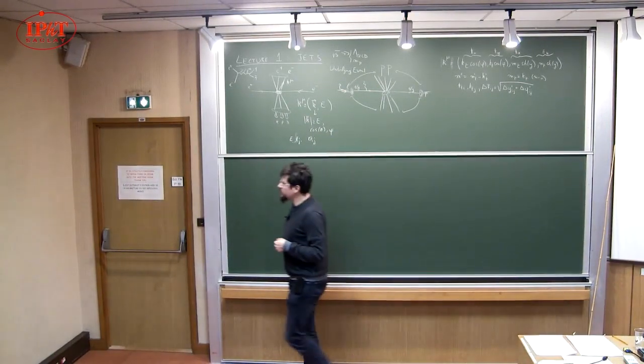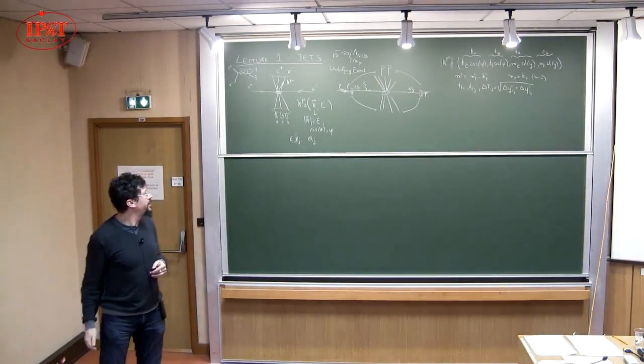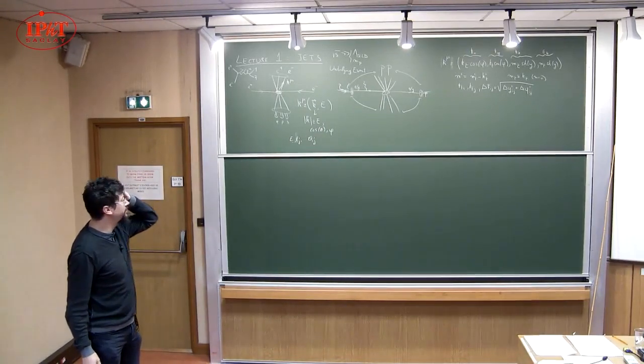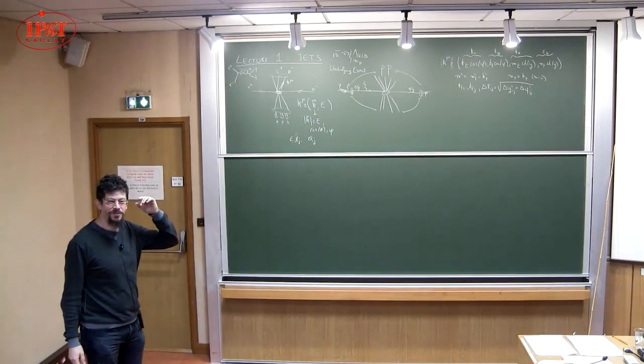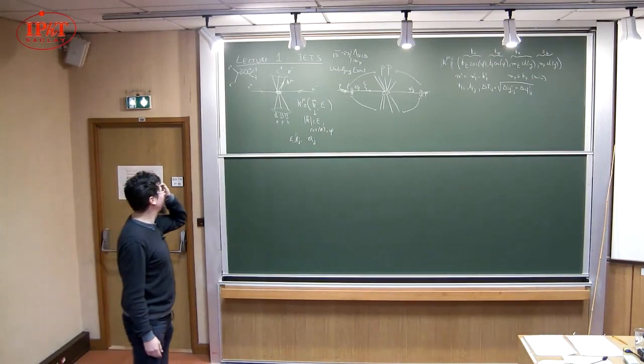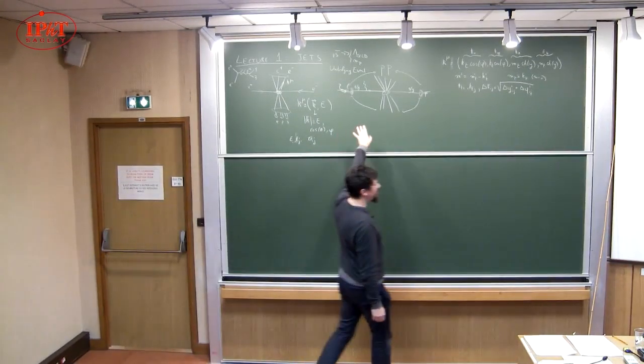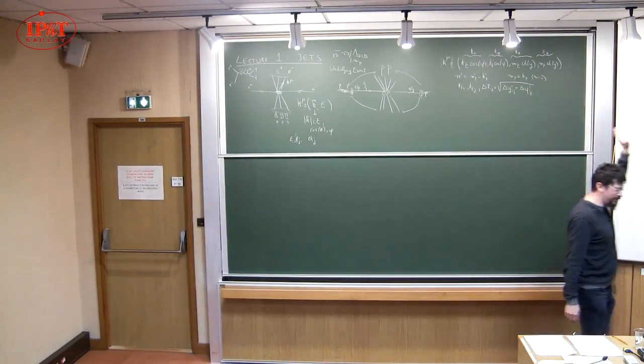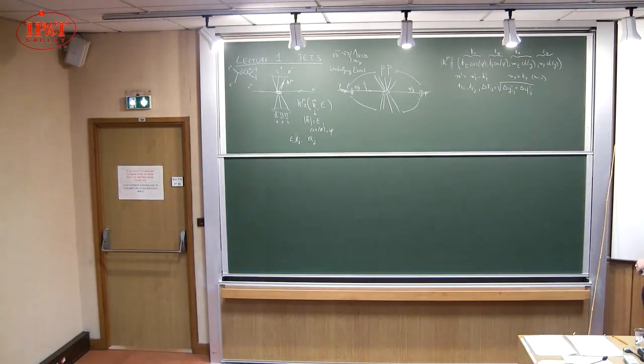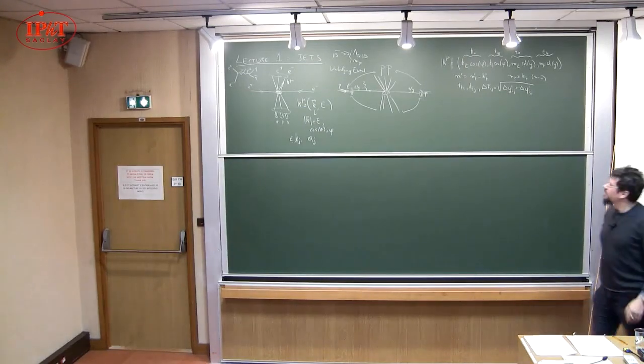So discussing jets in E plus E minus collisions is essentially covering history from the 1970s to before 2000. And discussing jets in PP, essentially, I'm going to sweep under the rug every history before 2000 maybe.